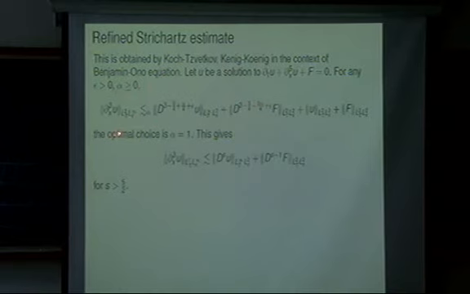This is basically the Strichartz estimate, though it looks a little different. To show it, for a given u, we chop it into frequency pieces, and for each piece we use the Strichartz estimate on a small time interval depending on the frequency.